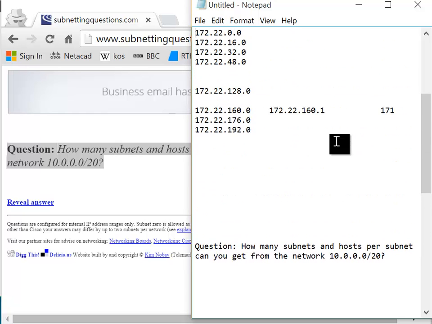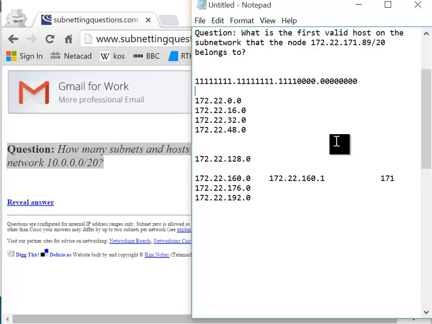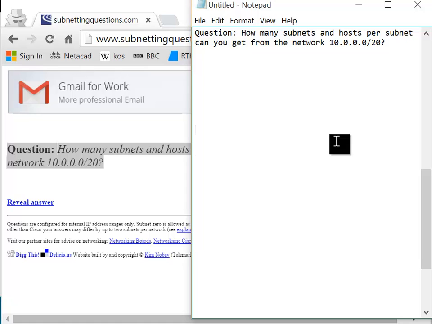Let me just copy that so I don't have to write it again. That's /20. Why? Because 8 and 8 is 16, so from here up to here, 16, 17, 18, 19, 20. And the rest are zeros as well, 12 zeros.